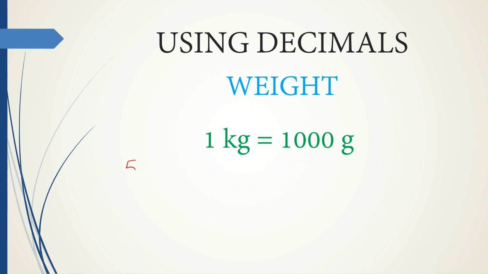Consider 50 grams now. It is nothing but 50 upon 1000 kg. So here we have three zeros but only two digits. In that case, we'll write a zero towards the left of the number. We know when we write a zero towards the left of any whole number, the value doesn't change. Keep 0 point and write the numerator.